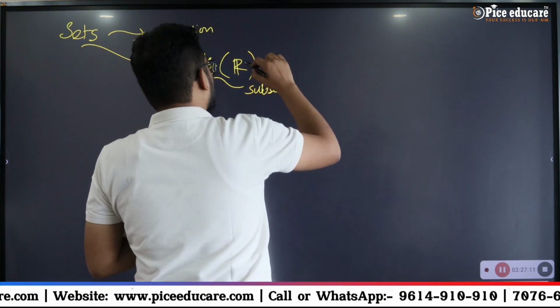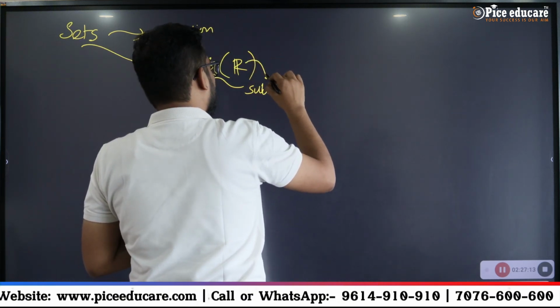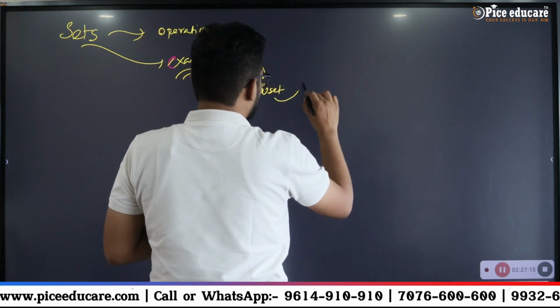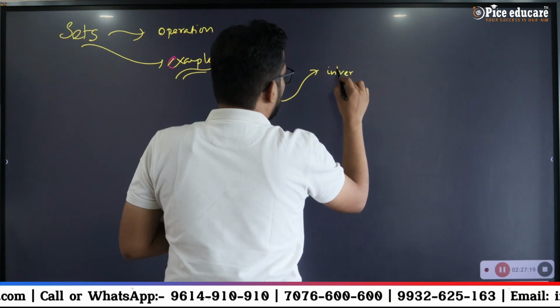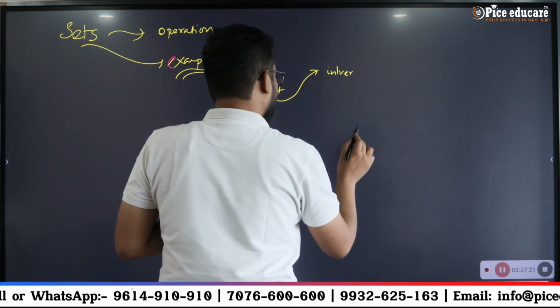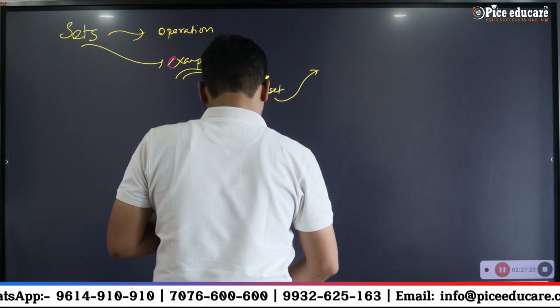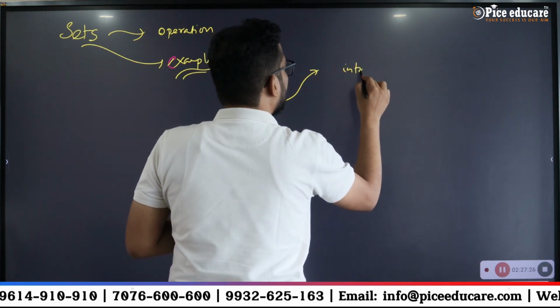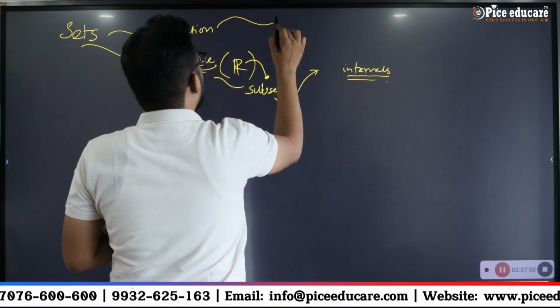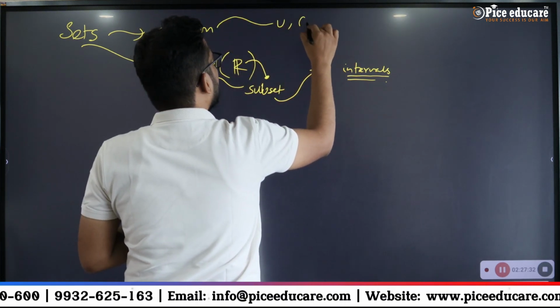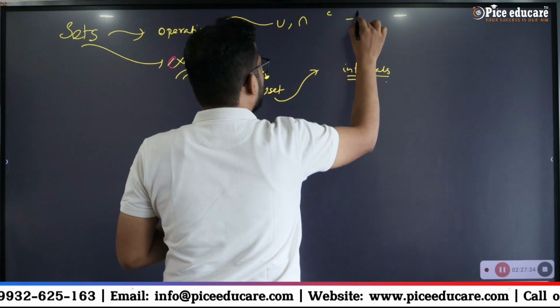If I take the whole set to be the set of real numbers, the subsets have a different name. We call them intervals. Now you take different operations: union, intersection, complement, difference, whatever.